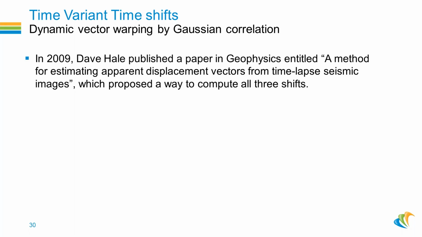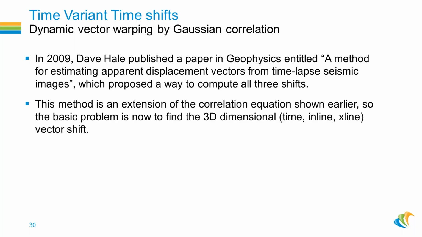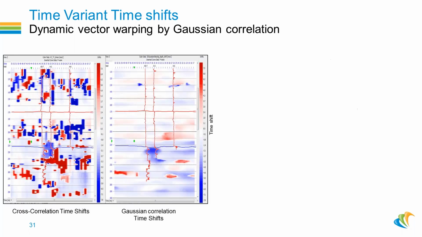Three means vertical, inline, and cross-line direction. This is an extension to the correlation equation which I showed earlier. And the basic problem is now to find the three-dimensional vector shift, which is in the time direction, inline direction, and x-line direction.